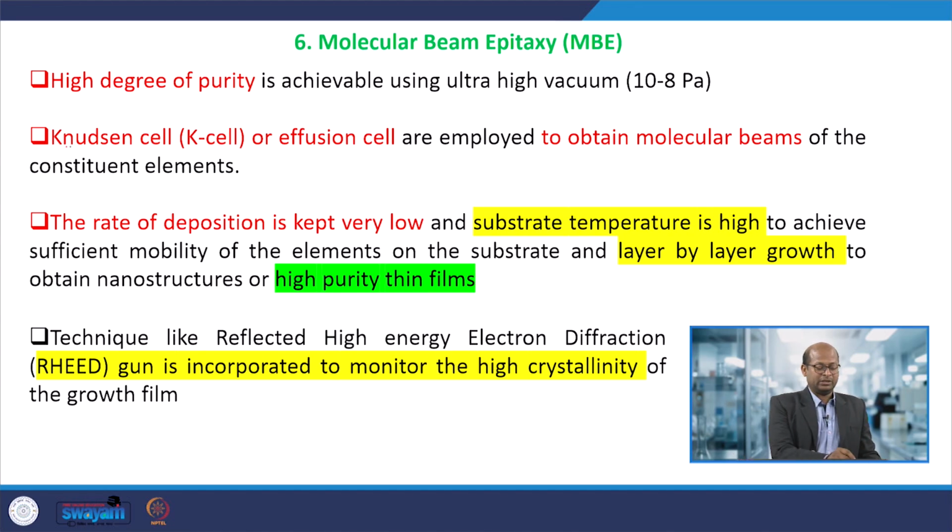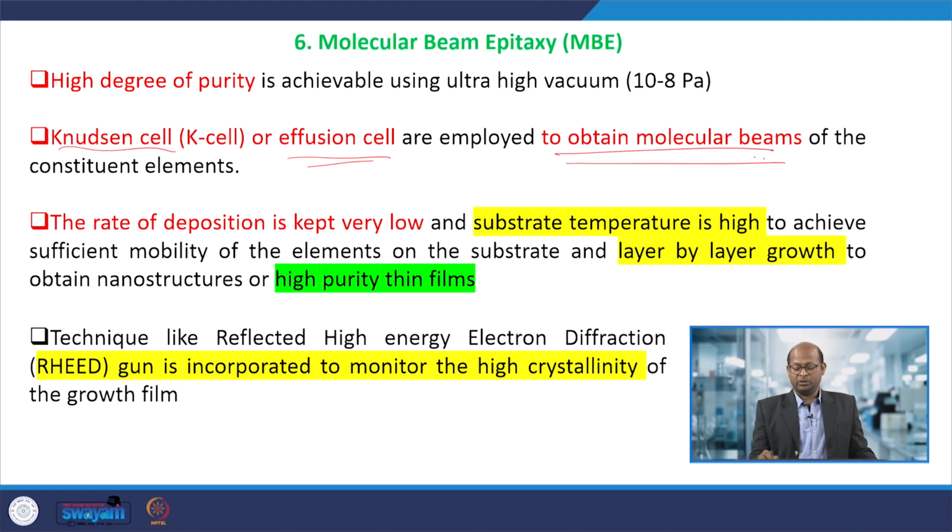Knudsen cells or effusion cells are employed to obtain molecular beams of the constituent elements. The materials or metals we need to deposit on a particular surface are taken in that Knudsen cell or effusion cell, heated up with the furnace, and then moved toward the substrate.